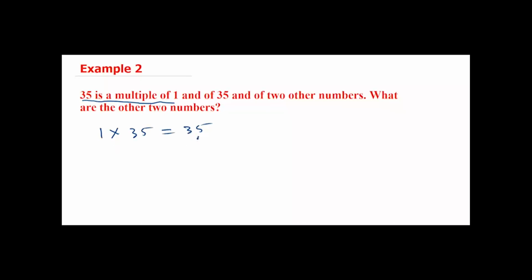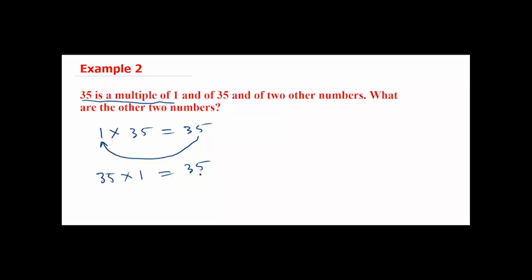So this 35 is a multiple of 1. And also 35 is a multiple of 35. That means if you have 35 times 1 here, we're going to get 35 again.